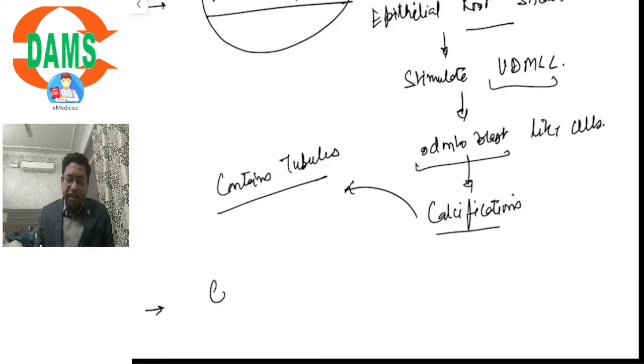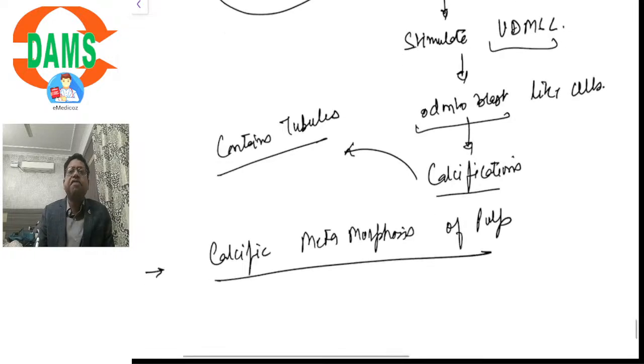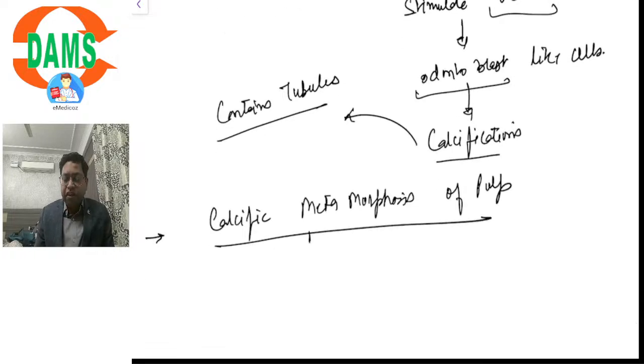And sometimes there is calcific metamorphosis of the pulp in cases of luxation injuries.